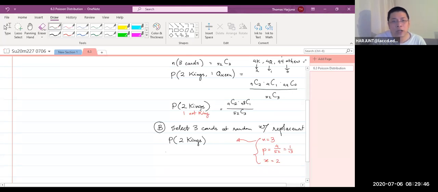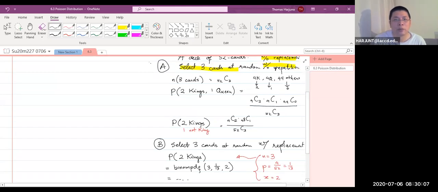So this then becomes a binomial distribution, binom PDF, number of trials 3, probability of selecting a king is 1 over 13, and you need 2 kings.